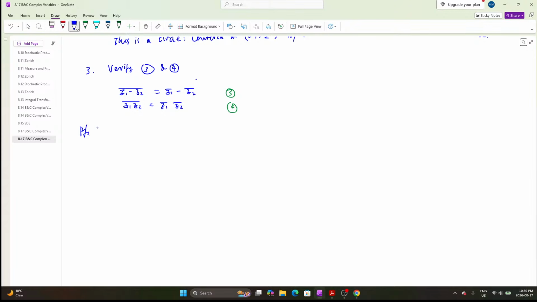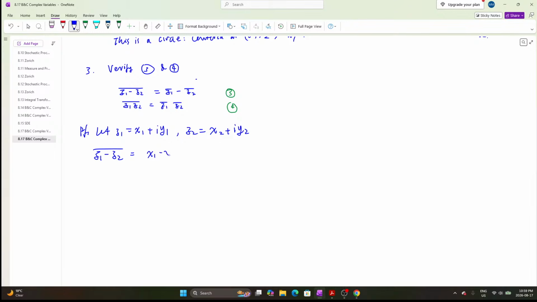Proof. Let z1 equals x1 plus iy1, z2 equals x2 plus iy2, and take the conjugate of z1 minus z2. First let's do the subtraction.